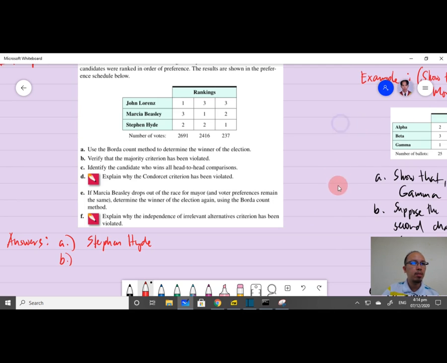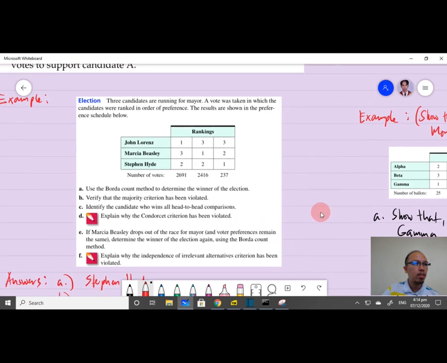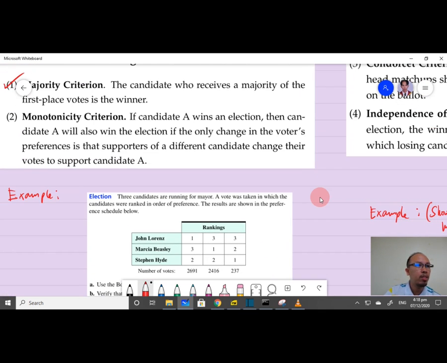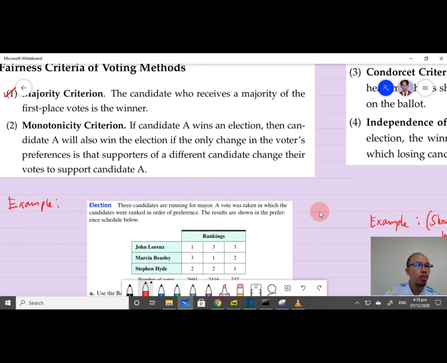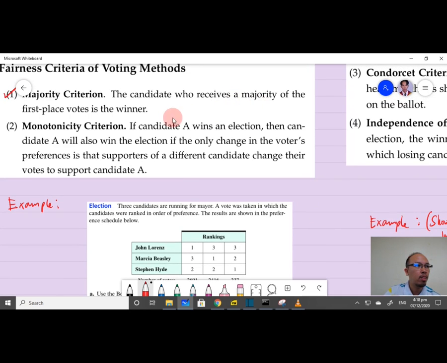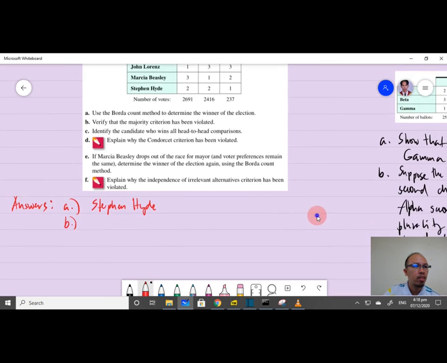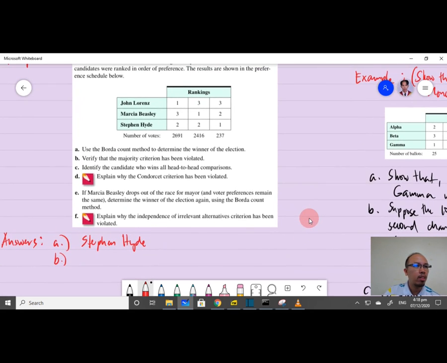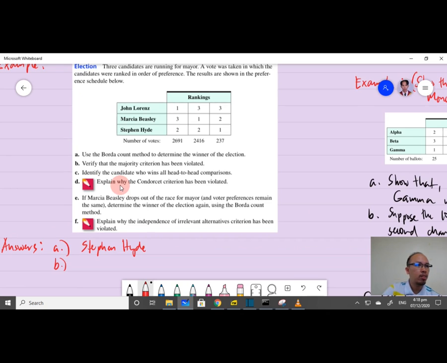Letter B, majority. Verify that the majority criterion has been violated. So what does this mean? Meaning to say that we are going to, as you can see here, get the first place votes. Okay, so clearly using Borda count, Stephen Hyde is the winner.